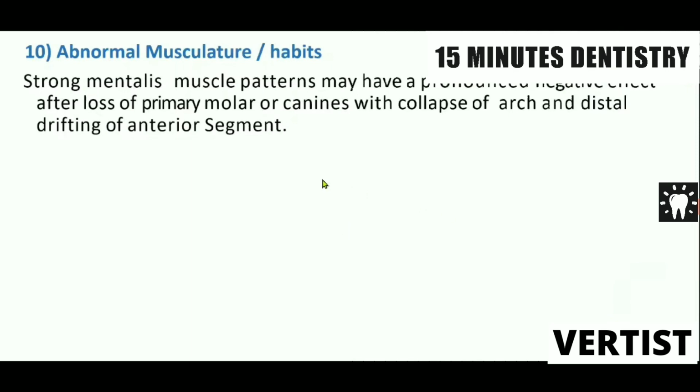So sometimes, for example, if the canine has been lost and the permanent canine is about to erupt, maybe it is going to take 6 months for eruption, and if the child has a lip sucking habit, then the strong mentalis muscle pattern can have a pronounced negative effect.